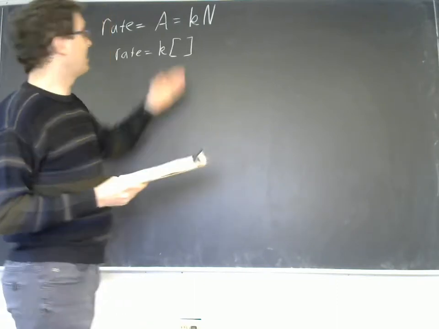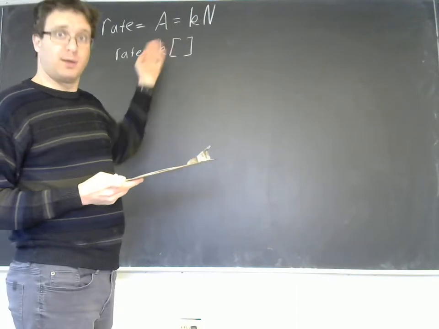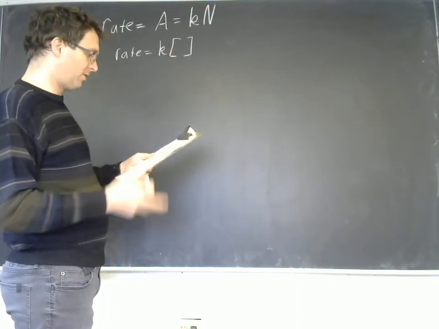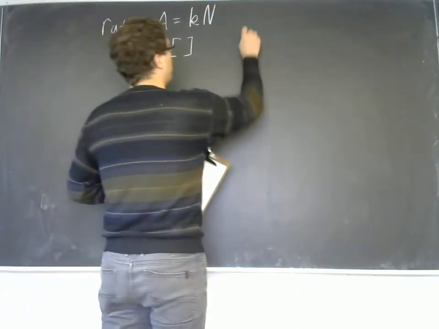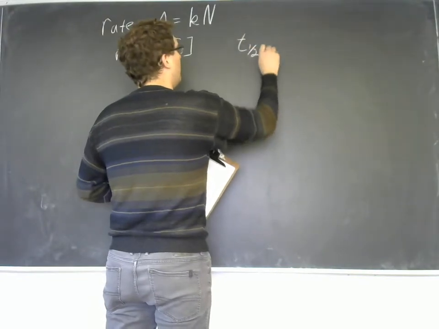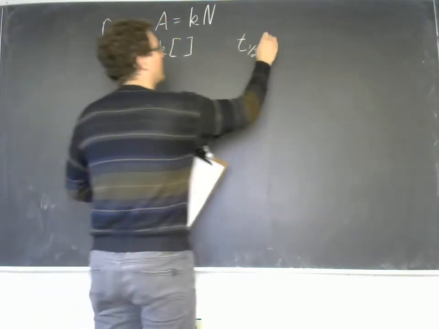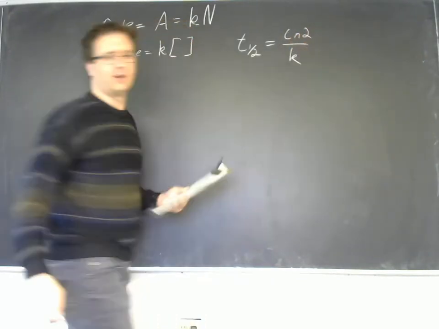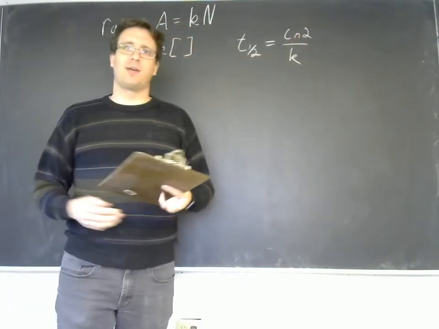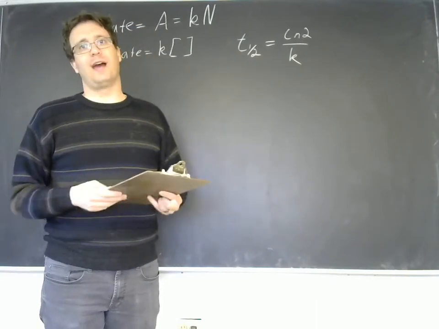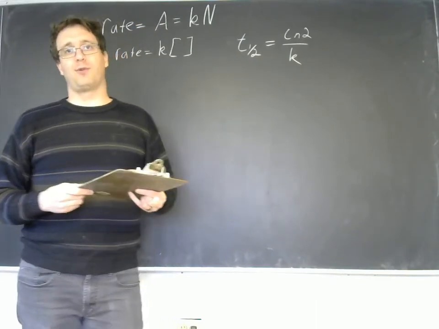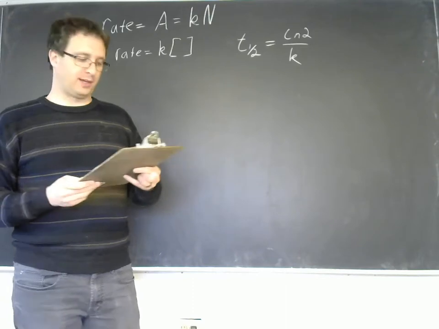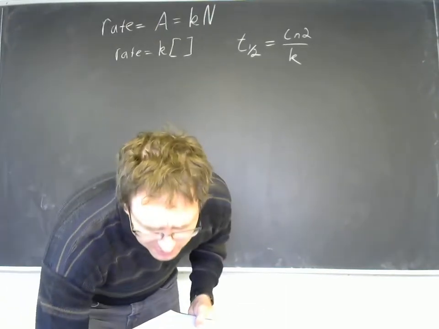So it is a first order kinetics problem, and you may recall that first order kinetics has this thing called a half-life. Technically, it's equal to the natural log of 2 over that rate constant. But that's the amount of time it takes for half of your reactant to react away, or in this case, to decay through radiation.